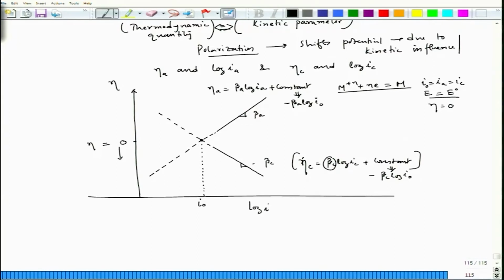Now, that means when I am doing cathodic polarization, eta is going down.